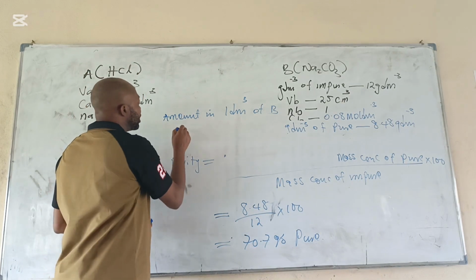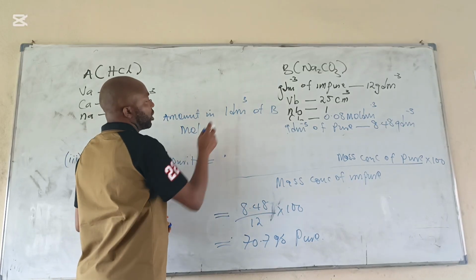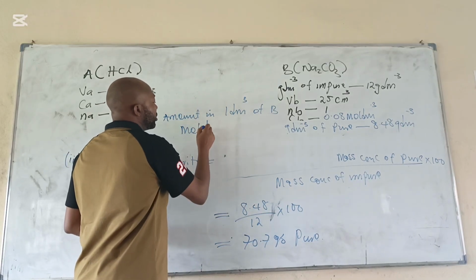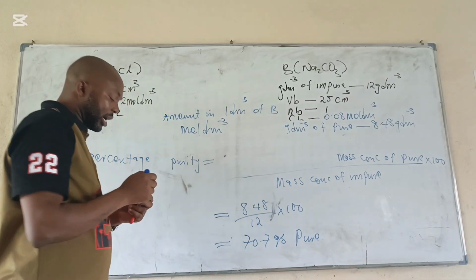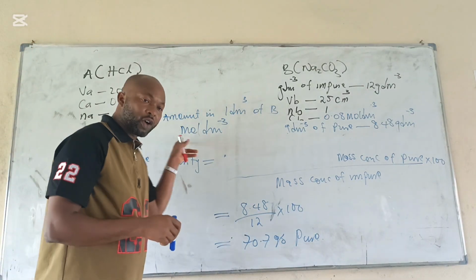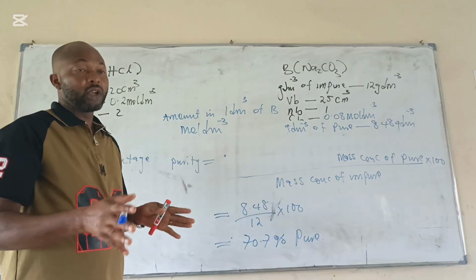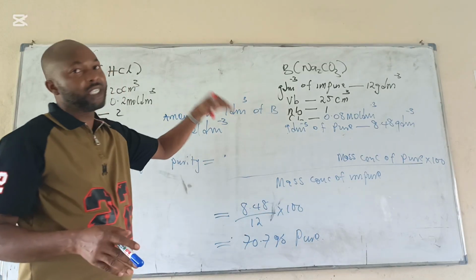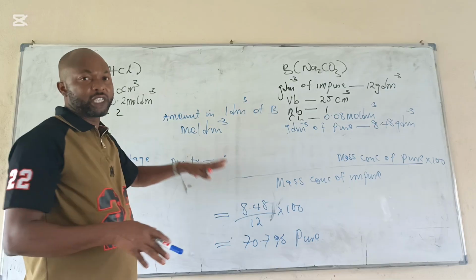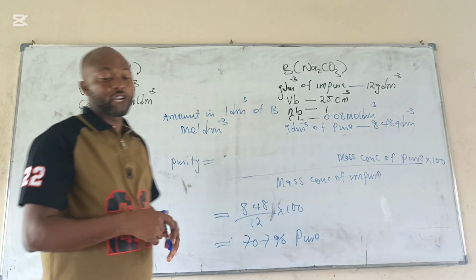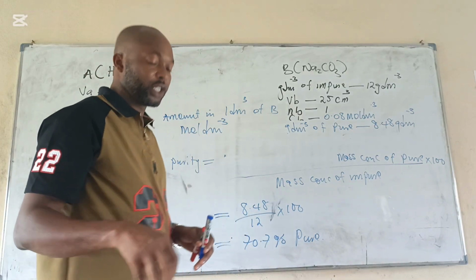Why? Amount in 1 dm cube is mole per dm cube. So when you see amount in 1 dm cube, they are requiring you to calculate the mole per dm cube. All right? So take note of that. It is a tricky question.